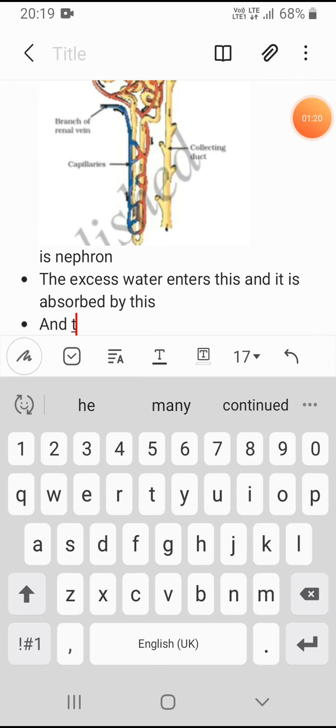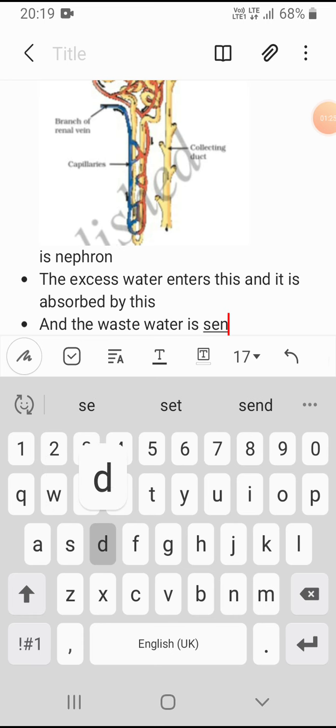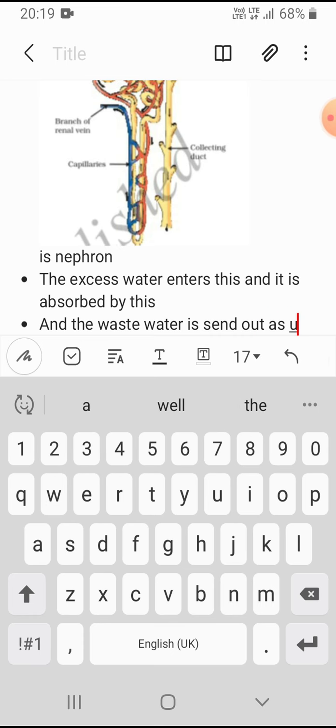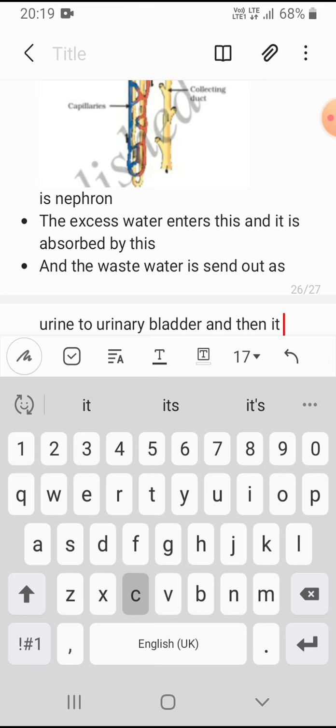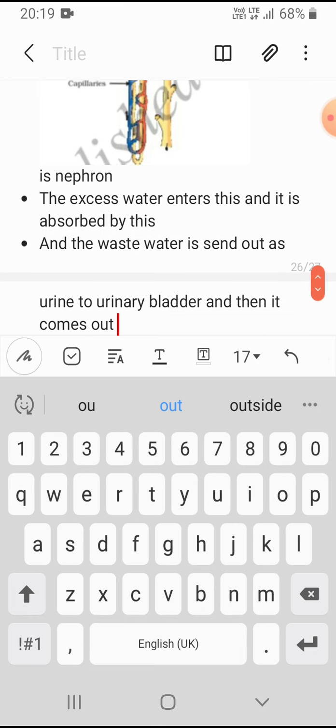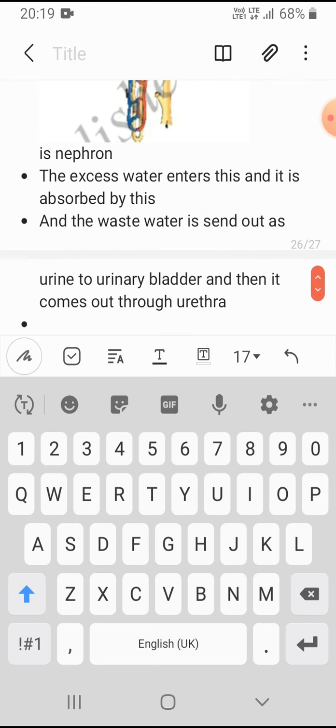The wastewater is sent out as urine from the urinary bladder, and then it comes out through the urethra.